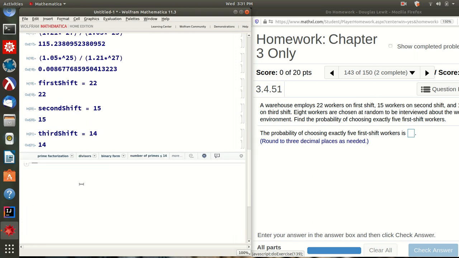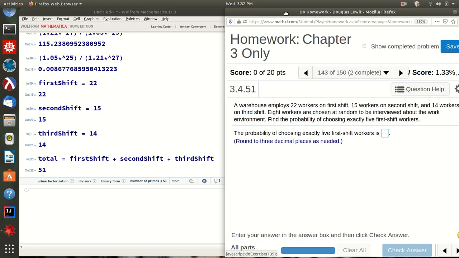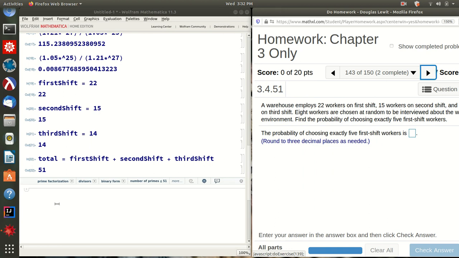And let's do the total. Total is equal to the first shift plus the second shift plus the third shift. So that's equal to 51 employees. Okay. The probability of choosing exactly 5 first shift workers. Now the thing is, we have to be careful here. We're choosing a total of 8 workers.